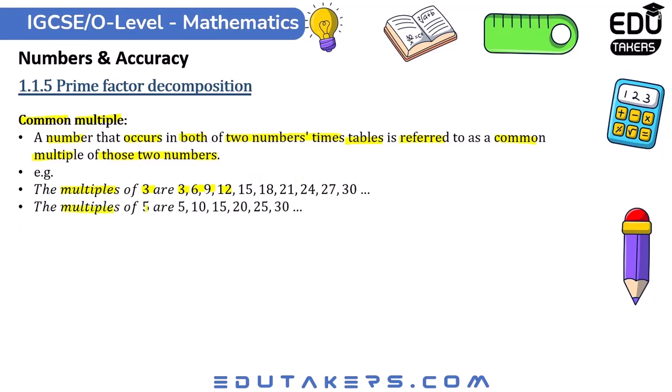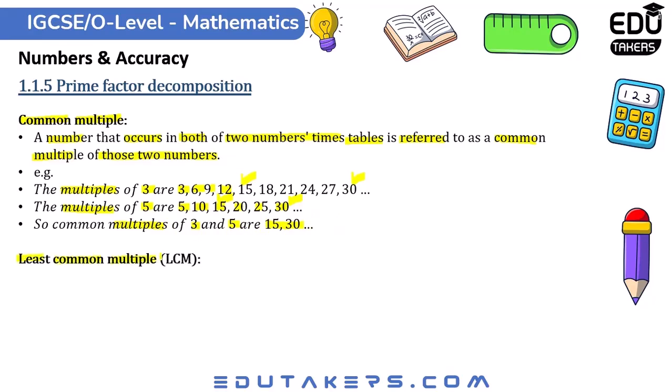The multiples of 5 are 5, 10, 15, 20, 25 and 30. So common multiples of 3 and 5 are this 15, which is in both, and 30, which is in both. So 15 and 30 are common multiples of 3 and 5. There will be many.